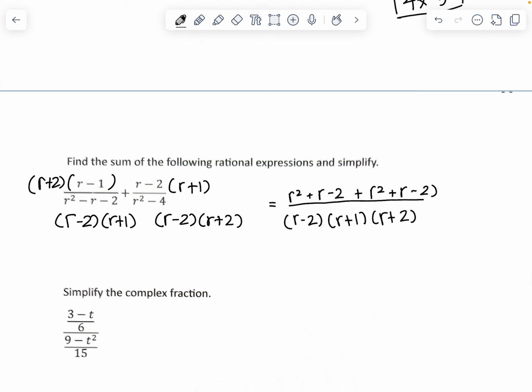Oh, that should be negative r, shouldn't it? Sorry, that was me. This one should be r squared minus r.